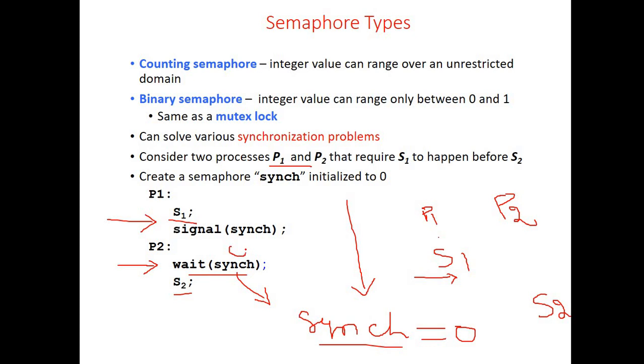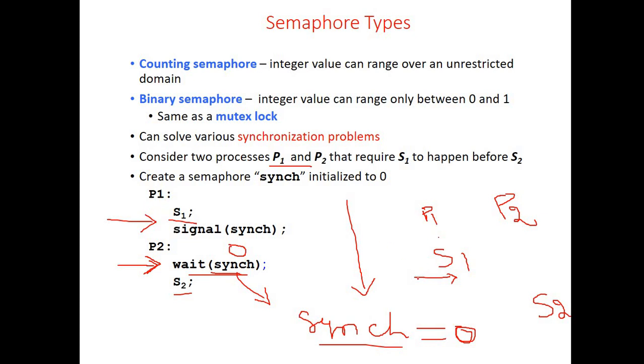So when it is 0, the wait function blocks the process P2. It does not permit P2 to access the next statement because it falls into the spin lock and keeps busy waiting for the termination of the while loop. So process P2 will be blocked here because of the non-availability of the synchronization variable.